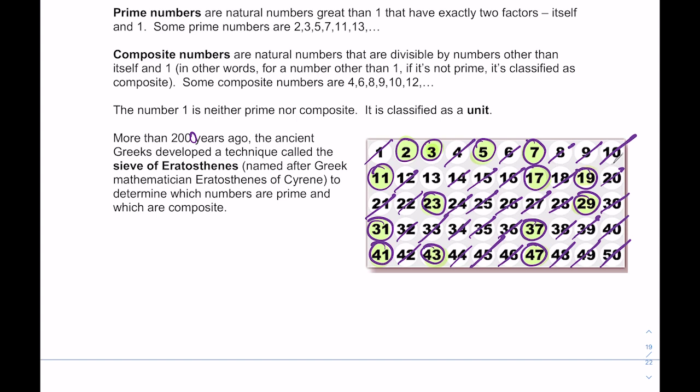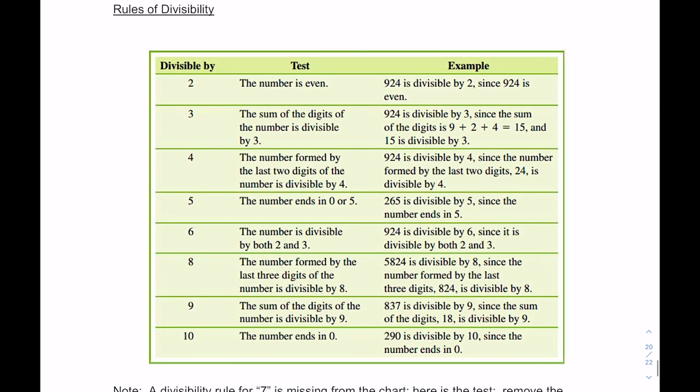Any number that I circled that was not crossed out is a prime number up to 50, which means they only have 2 factors, 1 and themselves. So pretty cool to think that was developed 2,000 years ago. They had a lot of time on their hands.